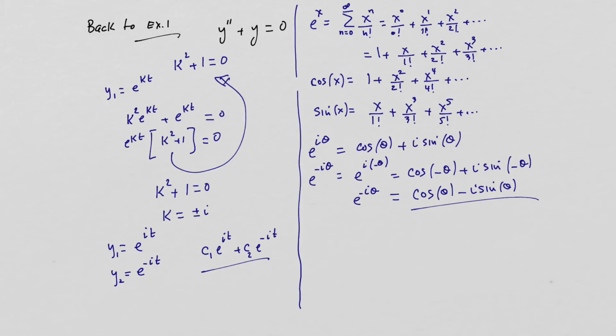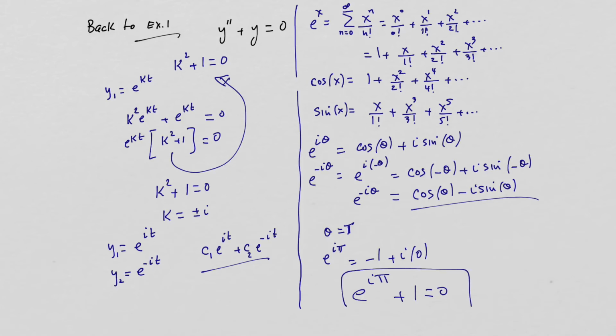And just as a side note, when theta is pi, it turned out to be a beautiful equation. You get cosine of pi plus i sine pi. And I love this equation, especially if you write it this way, e to the i pi. I'm going to move this negative 1 to the side, and this is 0. So we're going to get plus 1 equals 0.